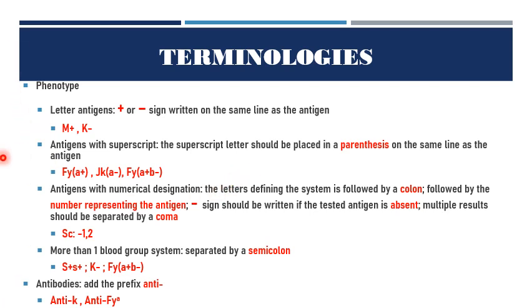The plus and minus sign will indicate the presence or absence of that antigen. So for example, Fy(a+), Jk(a-). If both antigens are tested, both results should be written. For example, Fy(a+b-).